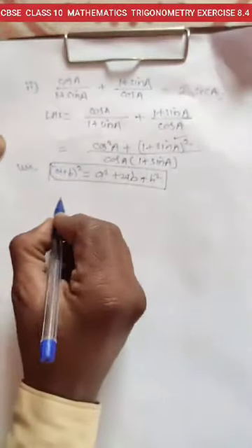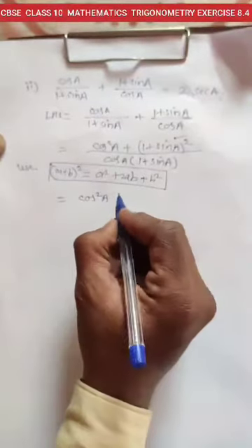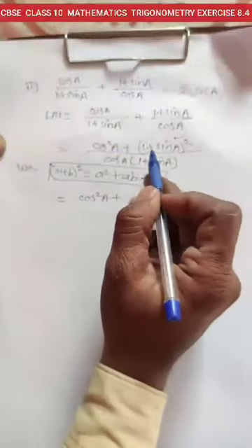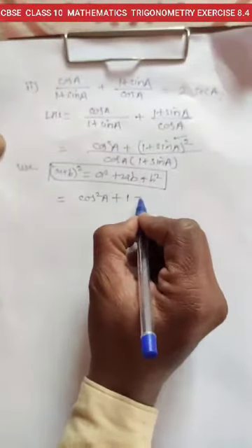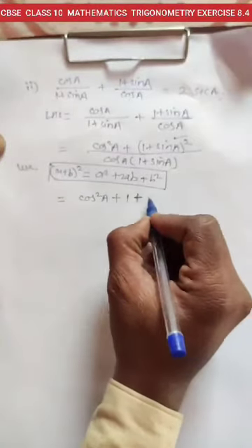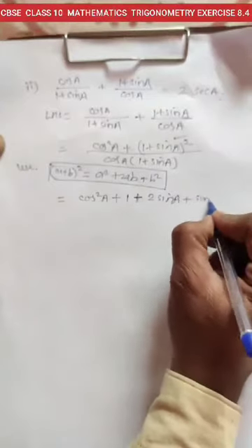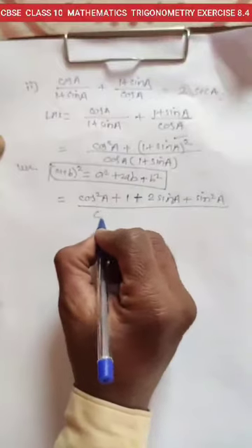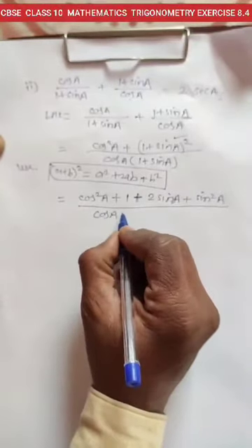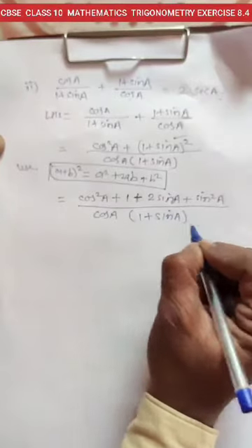So cos square A as it is, plus 1 square, that is 1, plus 2 into 1 into sin A, that is 2 sin A, plus the second term squared, that is sin square A, divided by cos A into (1 plus sin A) into (1 plus sin A).